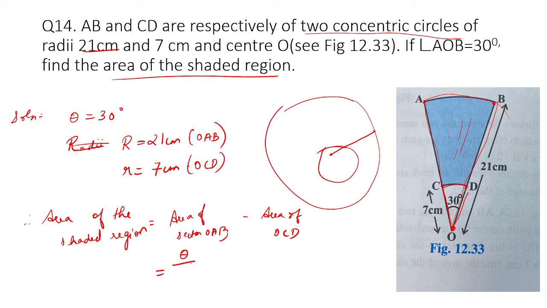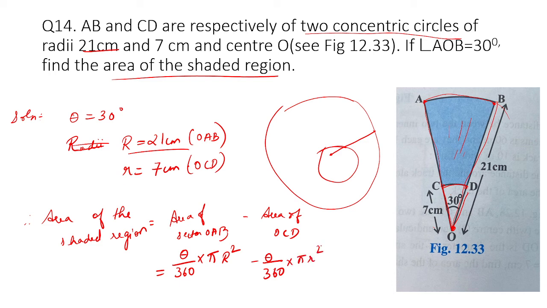Therefore the area of a sector is theta by 360 into pi r square. Since we're talking about the bigger sector, it's going to be r square, minus theta by 360 into pi r square.